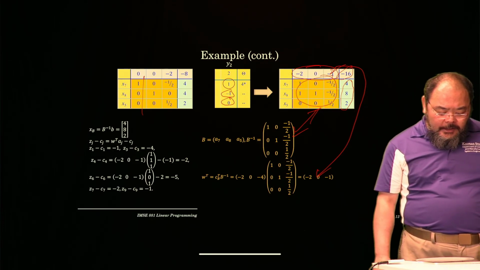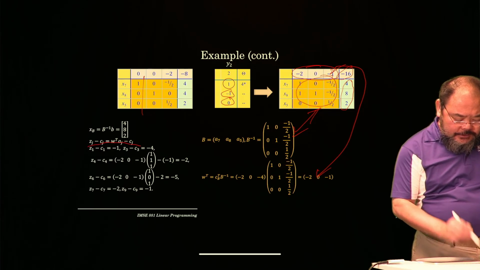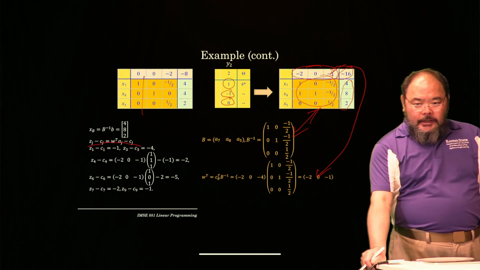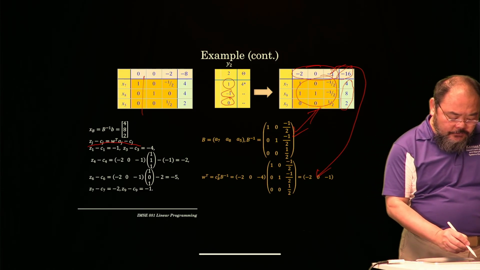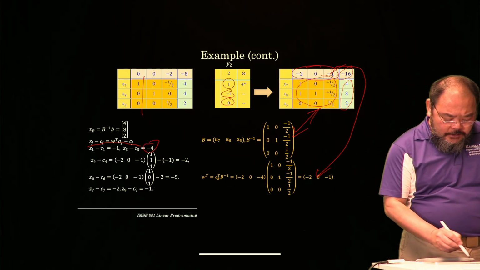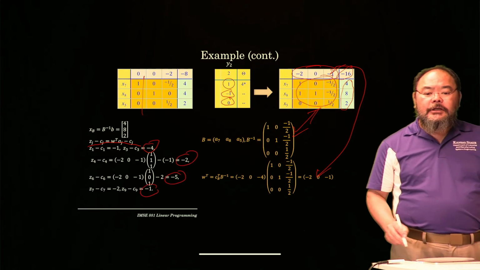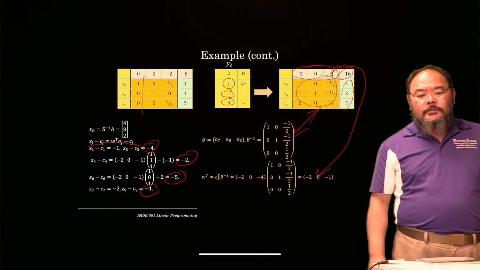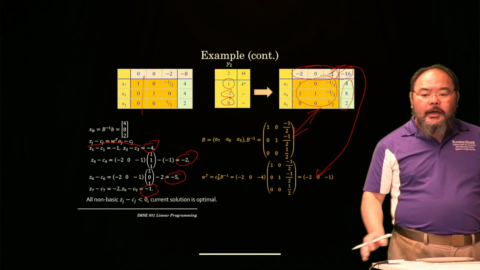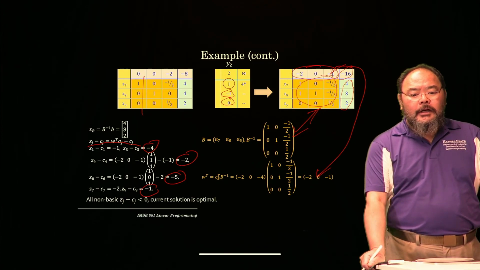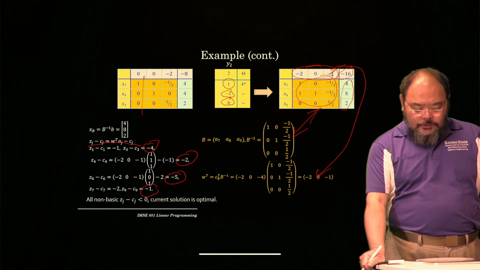Then using omega and B inverse, we can calculate all the Zj minus Cj based on omega times Aj minus Cj. Therefore, in this iteration you figure out all the non-basic columns have corresponding Zj minus Cj that are negative. Okay, in that case, it proves there's no way I can improve my objective function anymore, and the current solution on hand is the optimal solution.